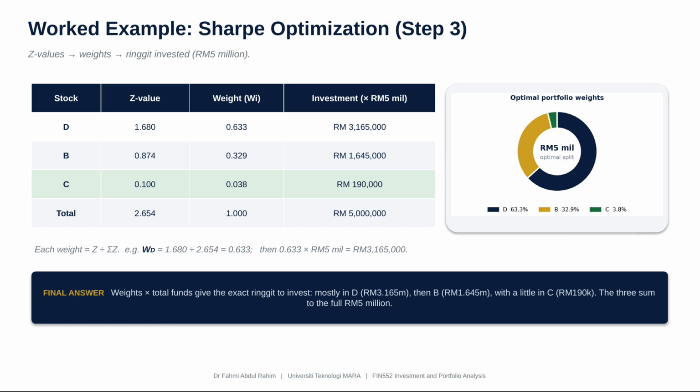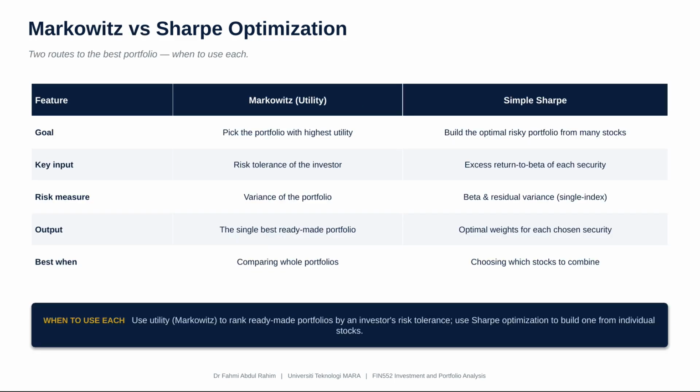Let us compare the two methods we have learned. We have now learned two methods for portfolio selection, so let us compare them clearly, because each suits a different situation. Read down the table. Their goals differ.